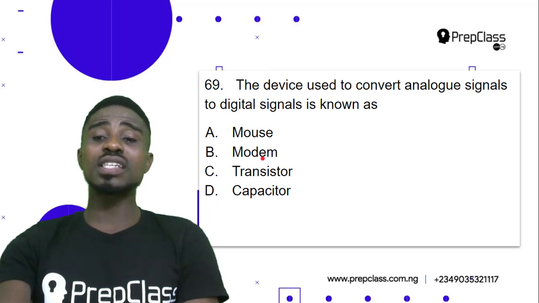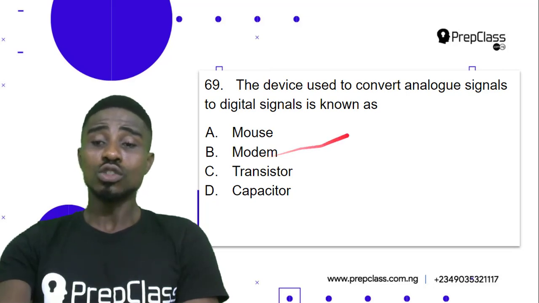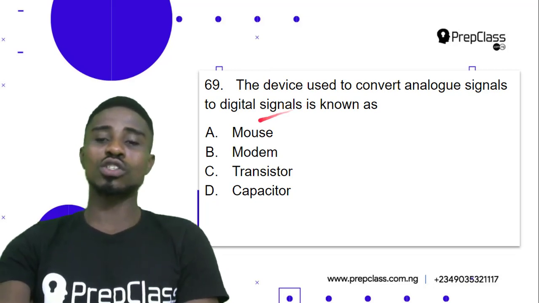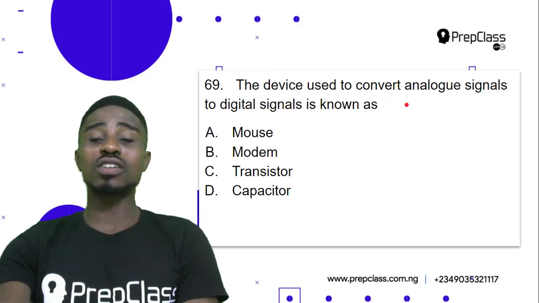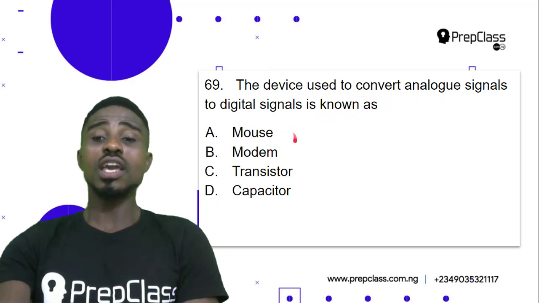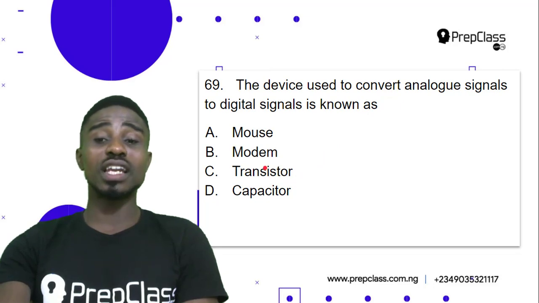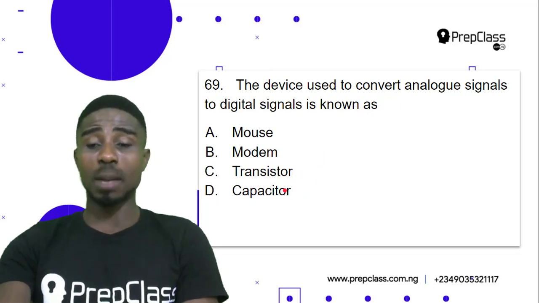A modem is a hardware computer device used for this. We know a mouse is used to move our cursor, so it's not used to convert analog signals to digital signals. A modem is a hardware computer device used to convert analog signals to digital signals. A transistor is an electrical device, likewise a capacitor.